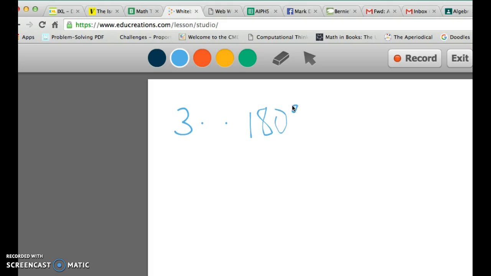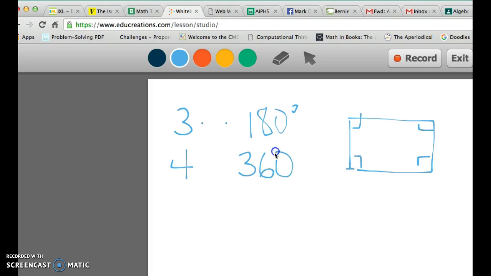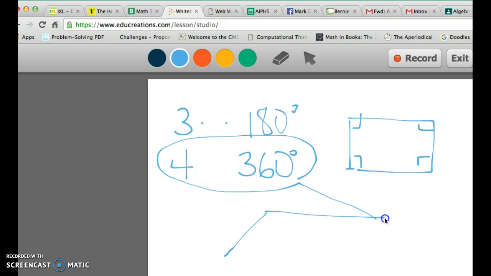What you might also figure out just by intuition is that a rectangle's angles, so there's 4 90-degree angles, they add up to 360 degrees. So this is really the rule that we're going to take advantage of here, that the 4 angles of a quadrilateral, even if they're not rectangular, they're still going to add up to 360 degrees. And so you can do problems using that.